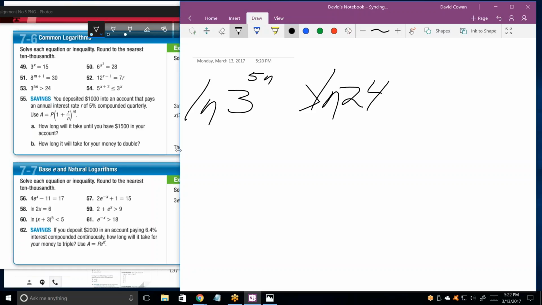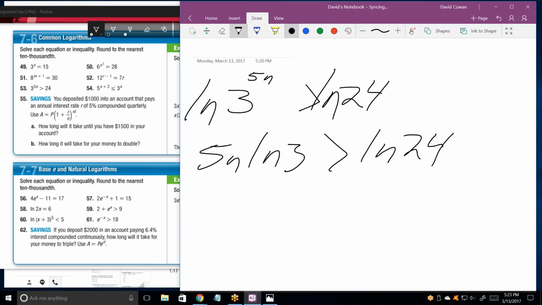Now, once I've done that, what can I do on the left? Remember, the whole reason for taking the natural log is to put 5n in the front. Yeah, now we turn it into an algebraic inequality.